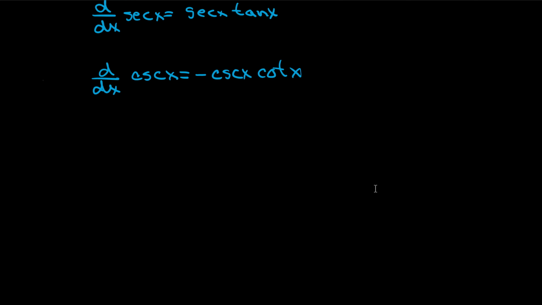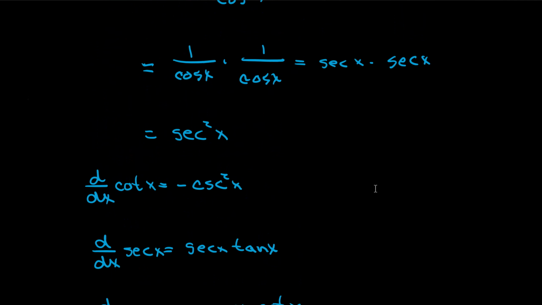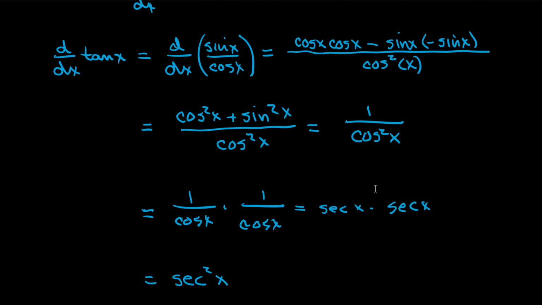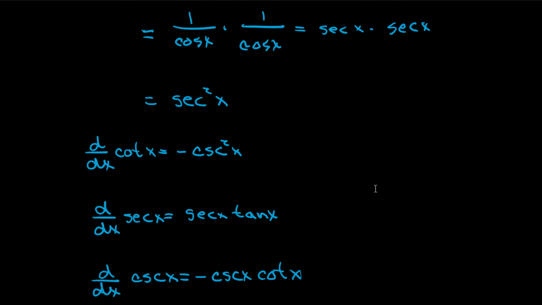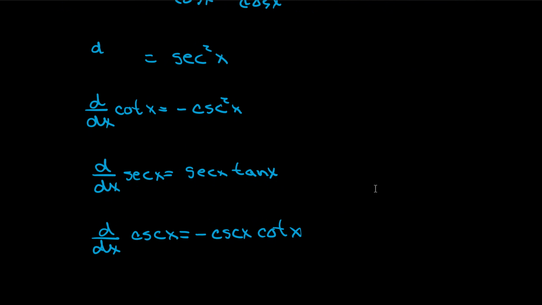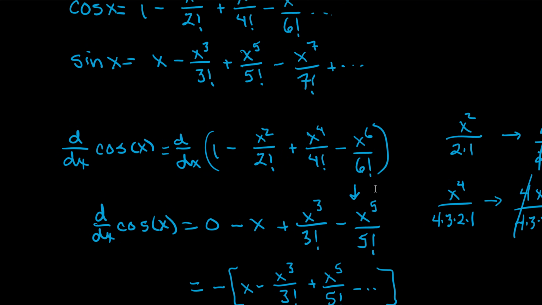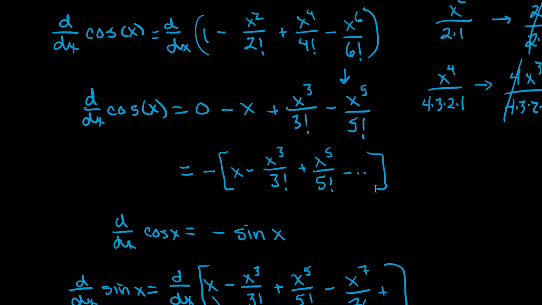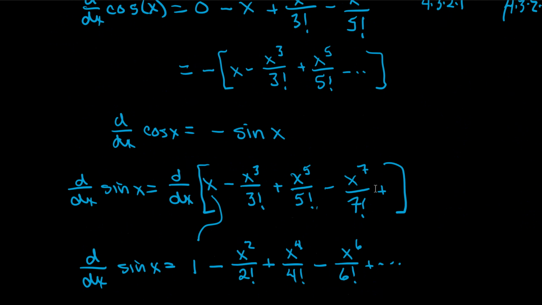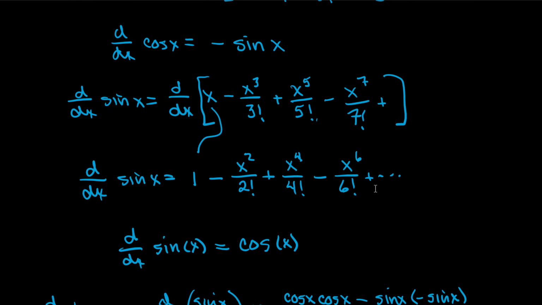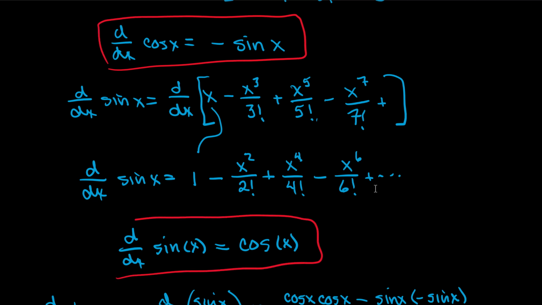These others may be handy, but the three that we will use the most often are the fact that the derivative of tangent of x, let me write this like this, is secant squared of x, and the two up above here, where the derivative of cosine is negative sine, and the derivative of sine is cosine.